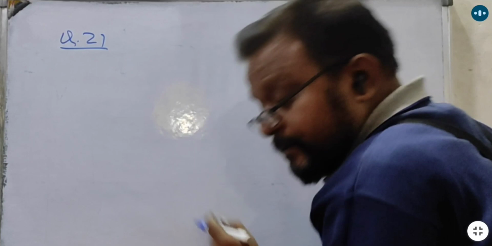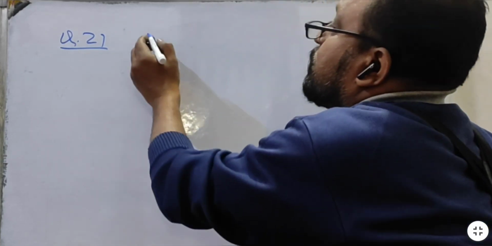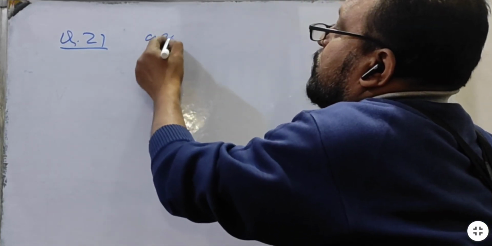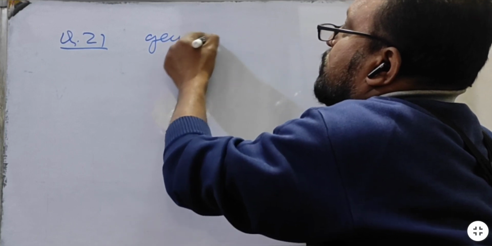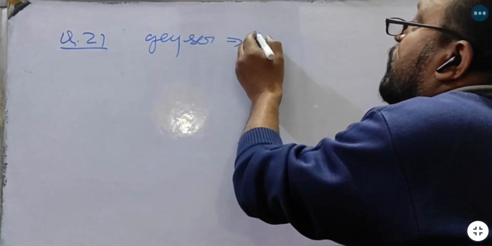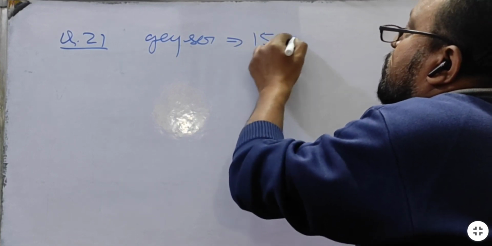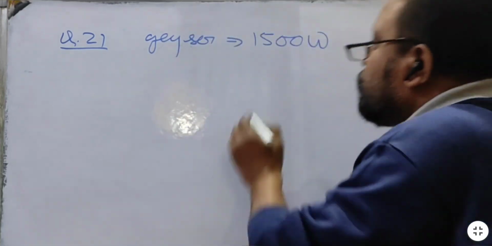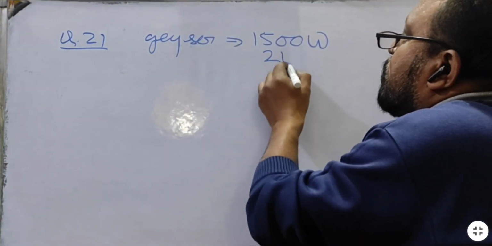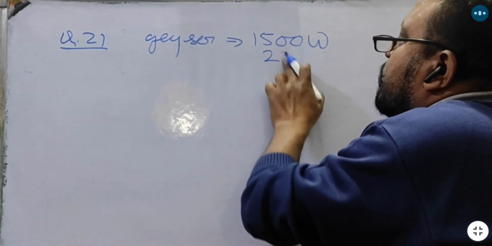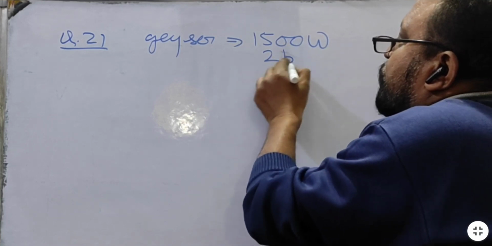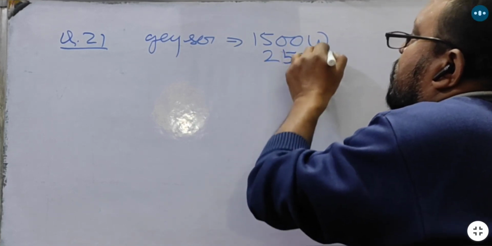Geyser is rated 1500 watt and 250 volt, 250 volt, right?